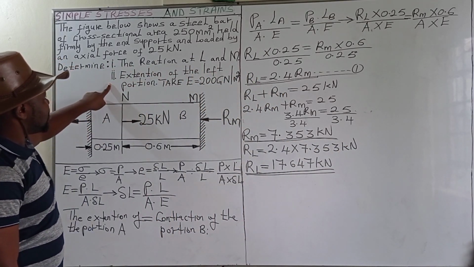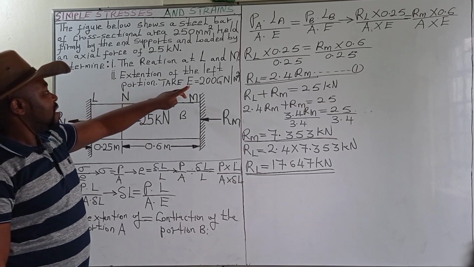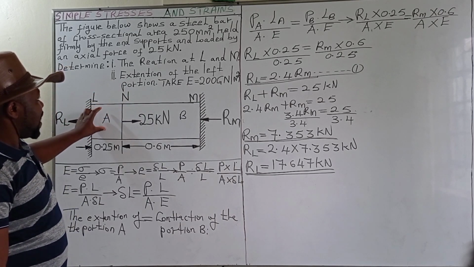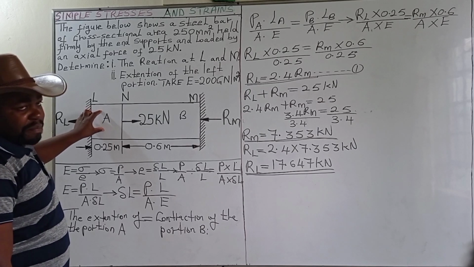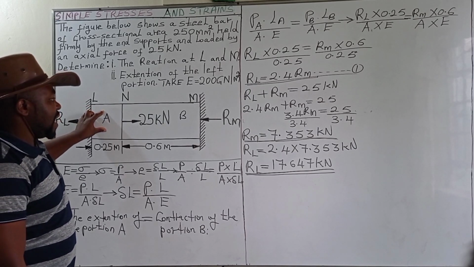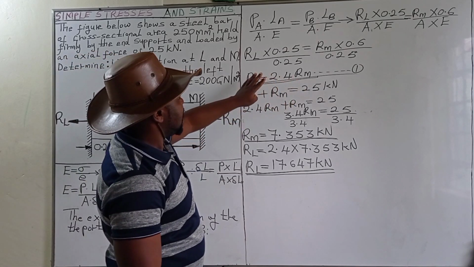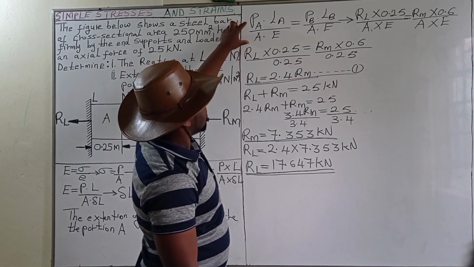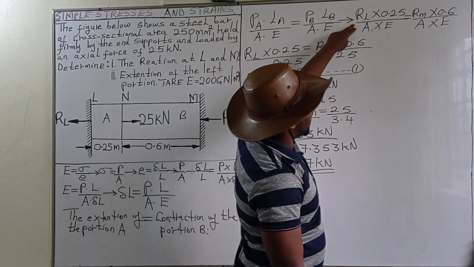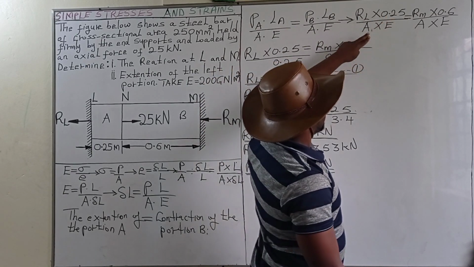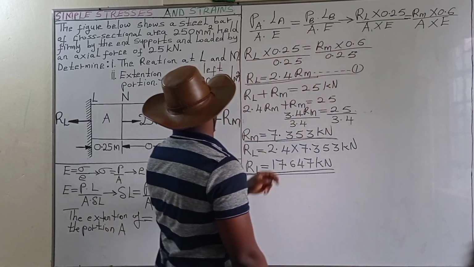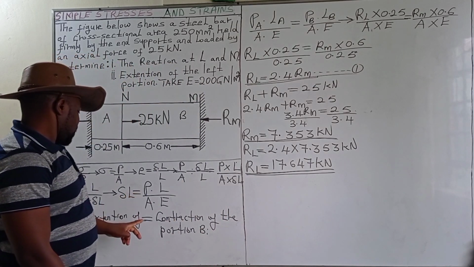Part 2 of the question is asking that we calculate the extension of the left portion. This is the portion A. Now, when you come here, we will find this relation that the reaction at L times its length divided by AE will give you the extension.